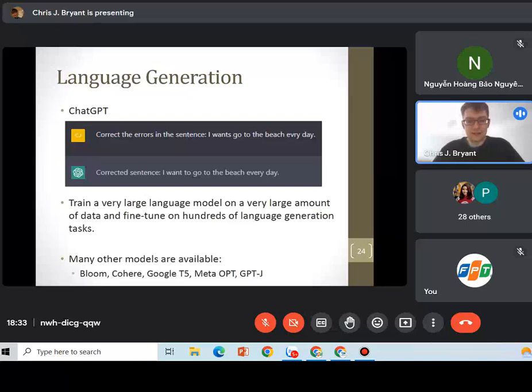Effectively, this is only possible for companies these days. Everyone is aware of ChatGPT, but it's also worth mentioning that there are several other models available, such as Bloom, Cohere, Google, and so on. Some of them are publicly available, some are not. Some perform better than others, some don't. But certainly the natural language generation approach is a new one that performs fairly well.